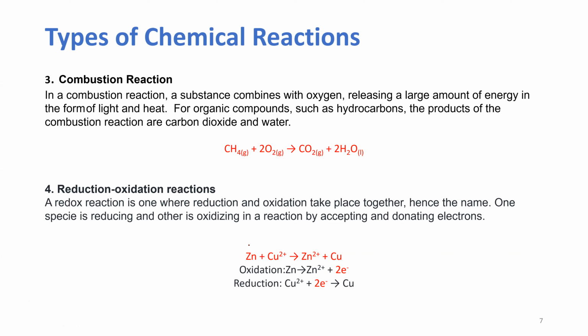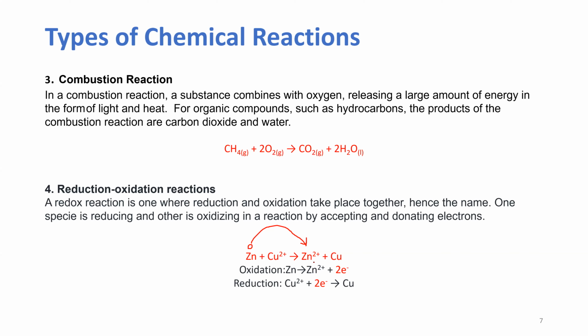So this has converted from 0 to zinc plus 2. Plus 2 means that whenever we put a plus or positive charge on an element or atom, it has lost electrons and is deficient by that number of electrons.